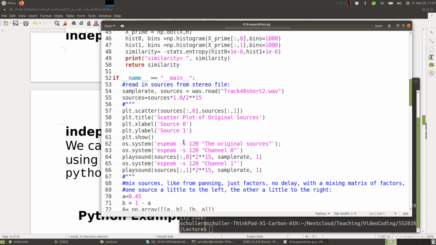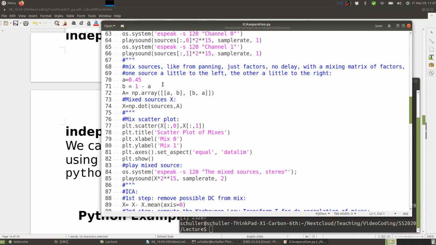And here it makes an announcement. eSpeak tells you what you will listen to. So first it plays back channel 0 using play sound, and then channel 1. So here you have the stereo sound, and you can listen to the two channels separately.